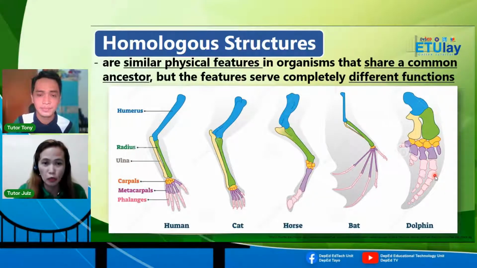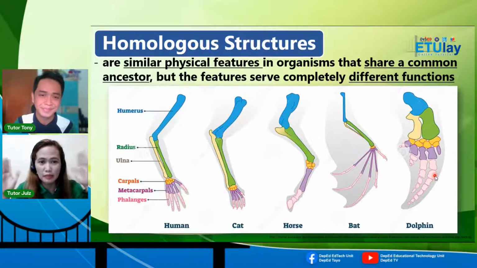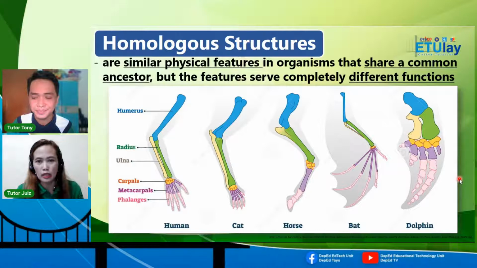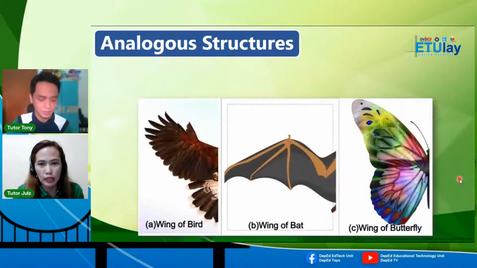Iba-iba. Siyempre, yung human, yung arm na ginagamit niya, kung paano natin gamitin yung hands natin. Yung cat, in different way. Same also with the horse. Ganon din yung bat, di ba? Later on, may other illustrations sa bat naman. And then sa flippers ng dolphin, for locomotion naman, or movement, ng dolphin naman yung paggamit niya sa kanyang, or what we know as the flipper.